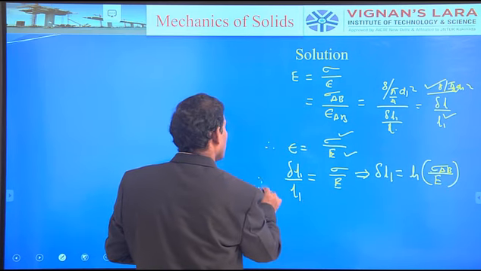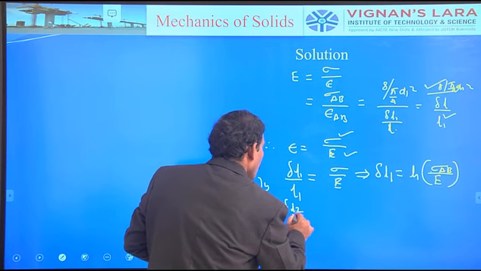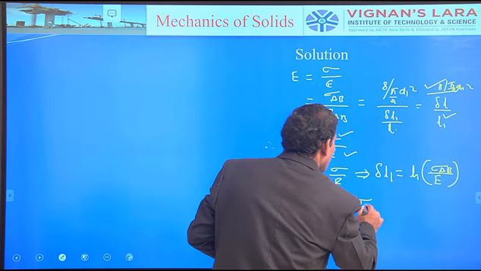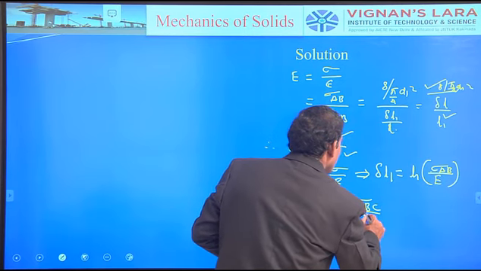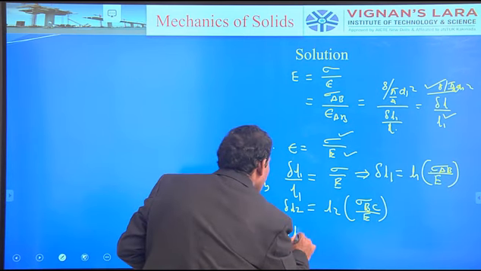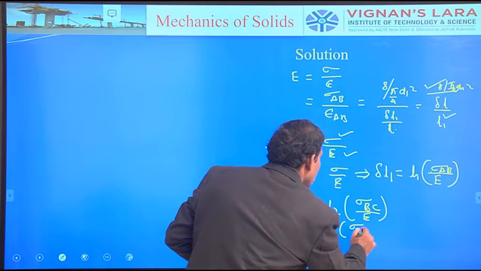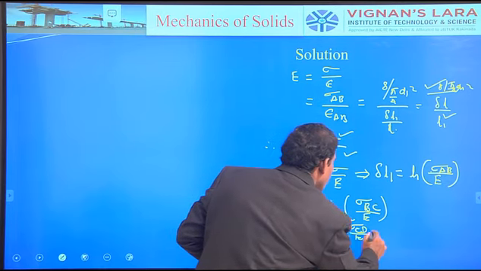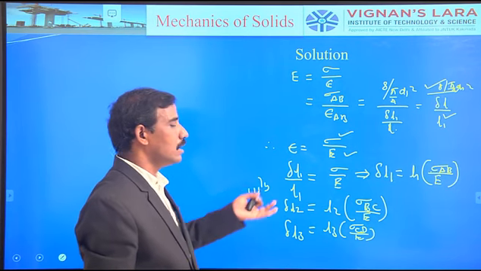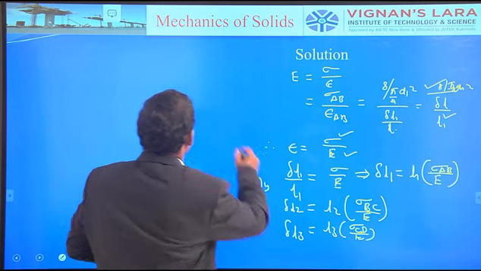Similarly, delta L2 would be L2 into sigma BC divided by E, and delta L3 is equal to L3 into sigma CD divided by E. So from these equations we can calculate the change in length in each and every portion.